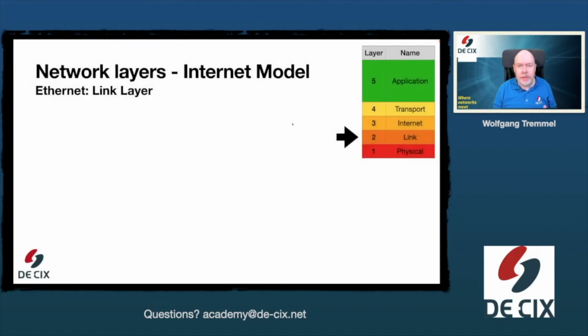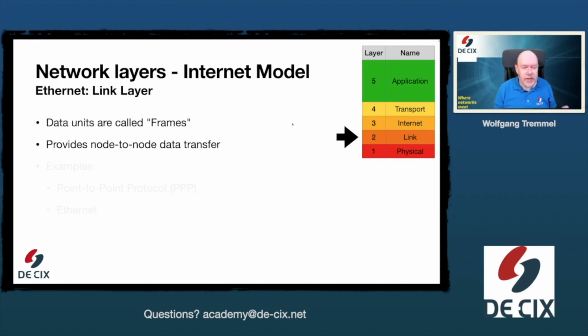If you remember from the last presentation where I talk about the layers, Ethernet sits on the link layer. Data units are called frames. And remember, the purpose of the link layer is to provide node-to-node data transfer. So from here to the switch and perhaps some to the basement.